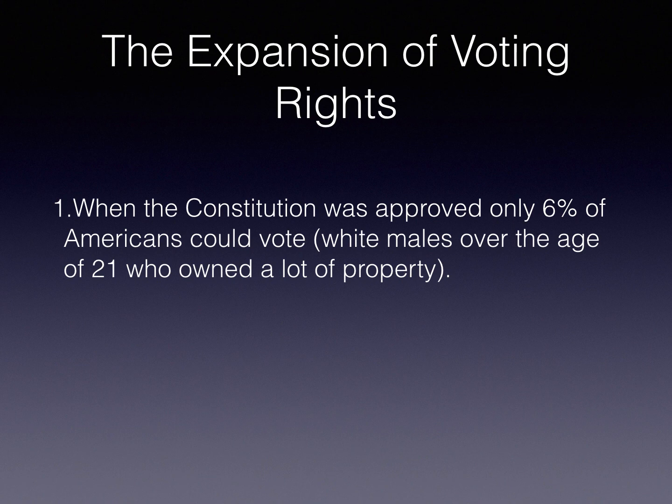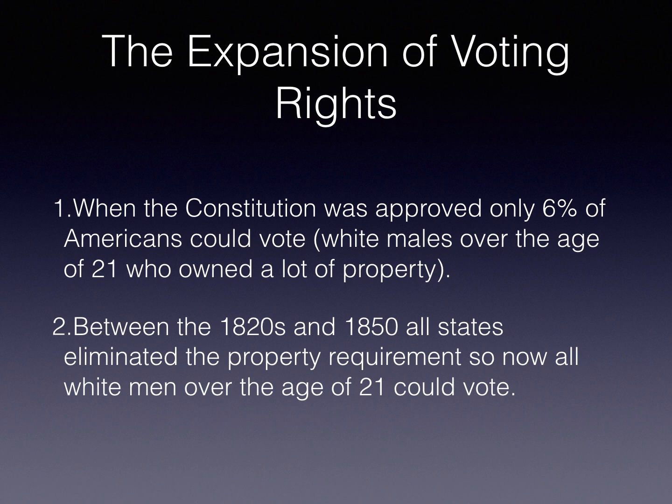And this was primarily white males over the age of 21 who owned a lot of property. So wealthy white male landowners. And it was only about 6%. So democracy is one of our ideals, but early on, democracy wasn't very widespread.